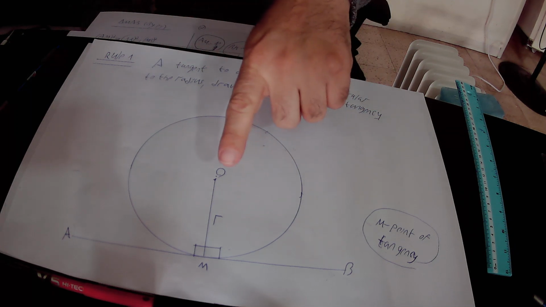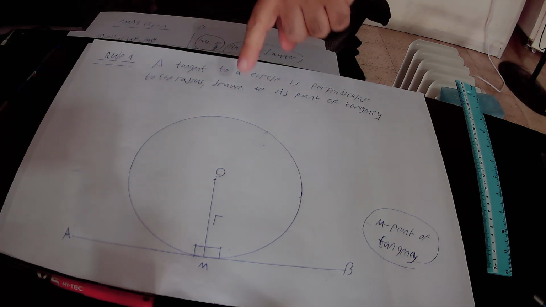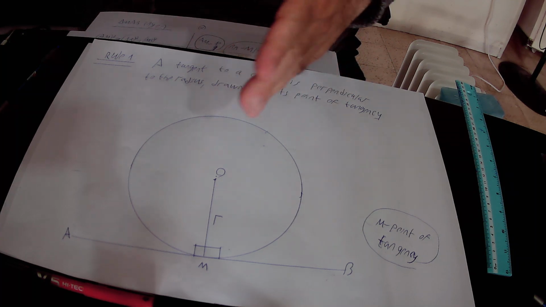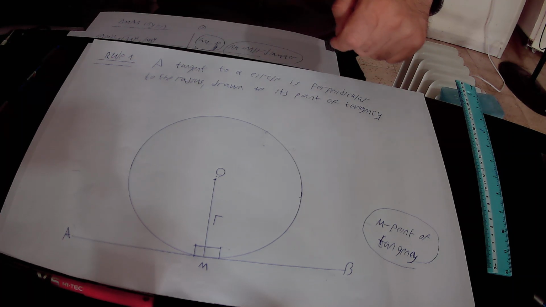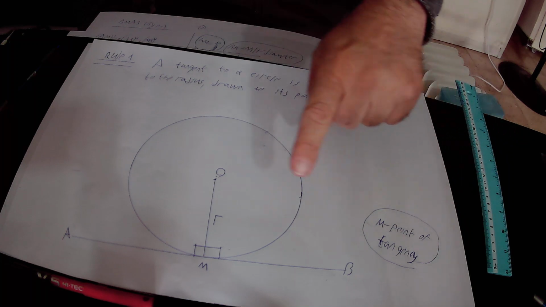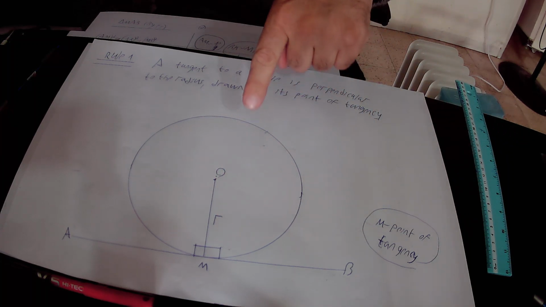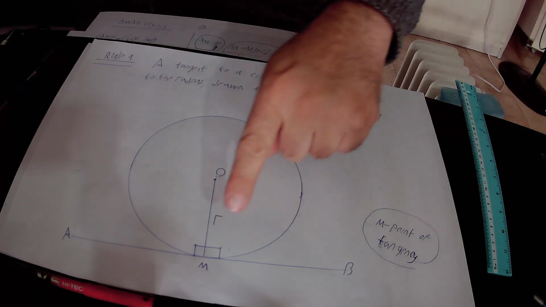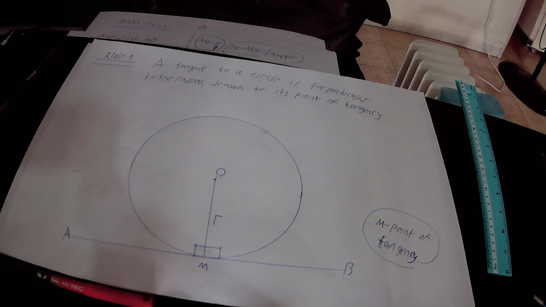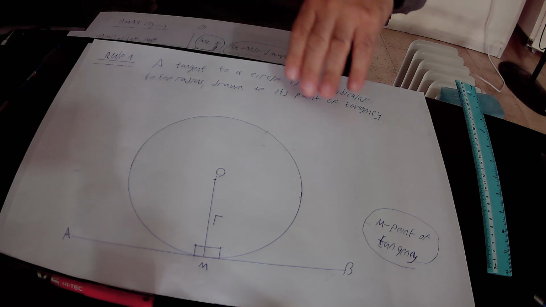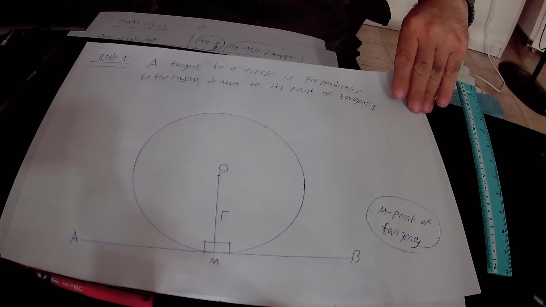AB is tangent to the circle at point M. We have the radius OM that is drawn to point M, the point of tangency of tangent AB with this circle. Whenever you have a radius drawn to the point of tangency, then the tangent AB will be perpendicular to the radius MO. So if AB is perpendicular to MO, it means that this angle equals 90 degrees and this angle equals 90 degrees. So we can implement rule number 2 in our drawing.